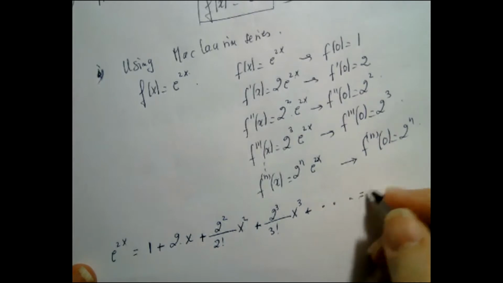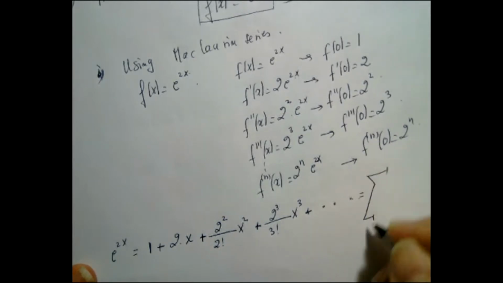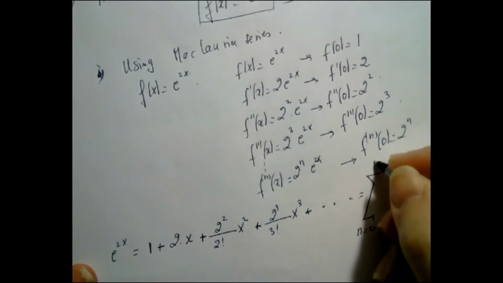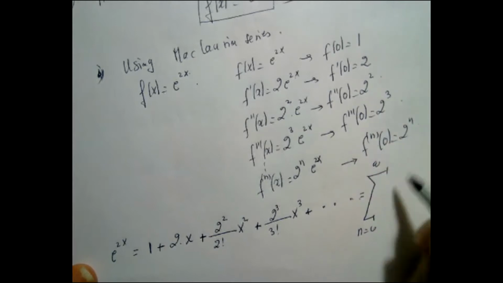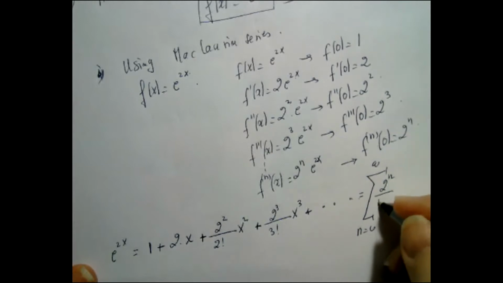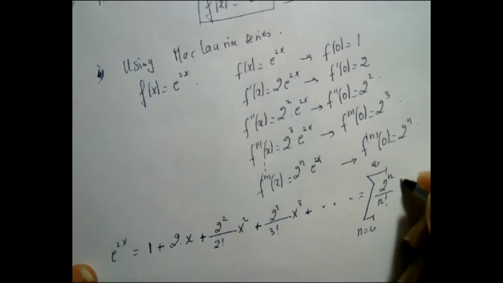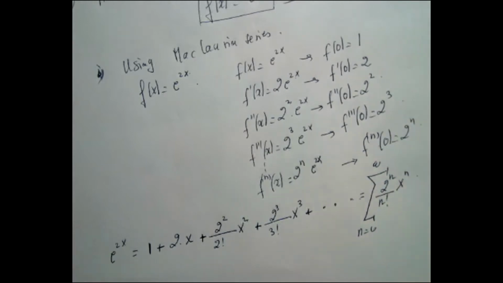And this is equal to, in sigma notation, n equals 0 to infinity of the nth derivative, which is basically 2 to the n over n factorial, x to the n. So if I use Maclaurin, it means that if I want to write e to the 2x as a power series, that's what it is.